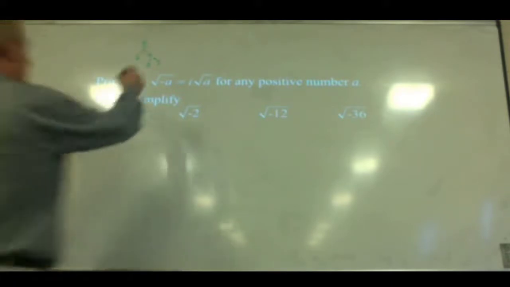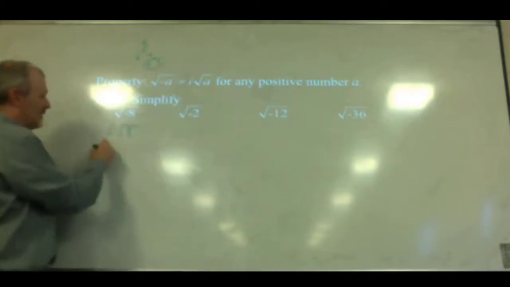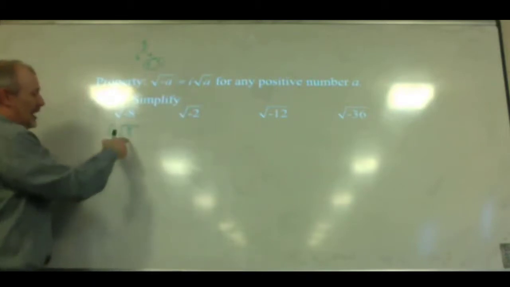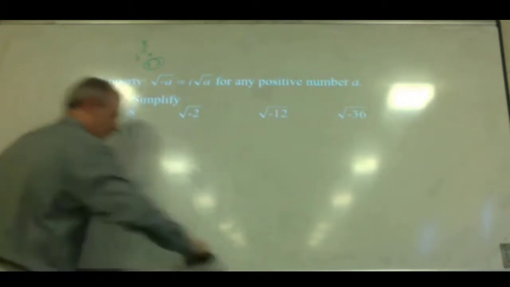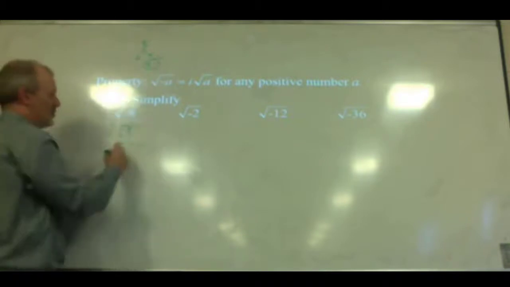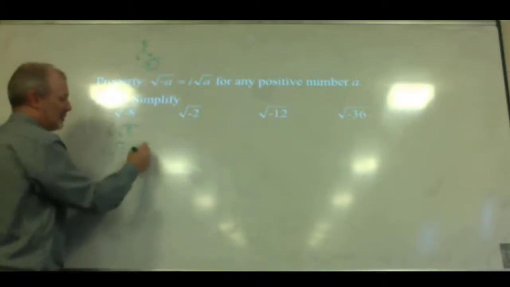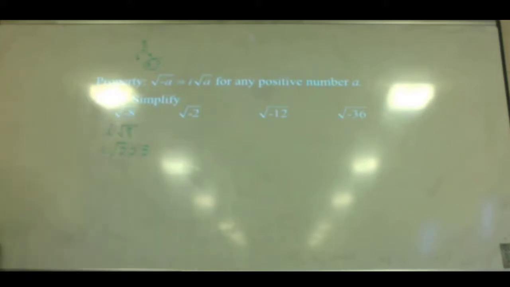So notice we have a pair of 2s. Because of that, we can take a 2 out of the radical. Well, let me write this so you can see it. So what we actually have is we're going to have 3 2s on the inside, because 2 times 2 times 2 equals 8, right? We're just breaking it up into its little parts. Does that make sense, that 2 times 2 times 2 is 8?